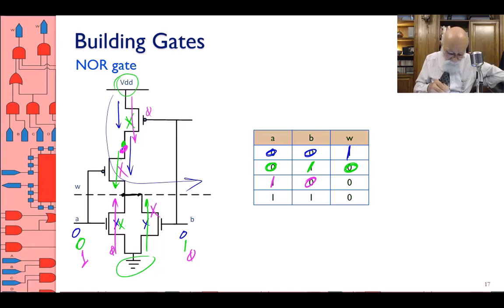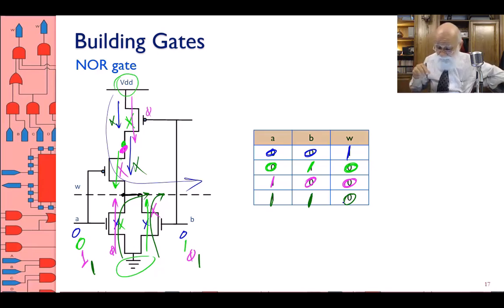The supply reaches this point, and this is as far as it goes, and therefore I only have a 0 in the output. And if both of them are 1, a 1 here, a 1 here, it means that I push a 0 through here, I push a 0 through here. None of the two transistors on top are conducting. And therefore I get a 0.